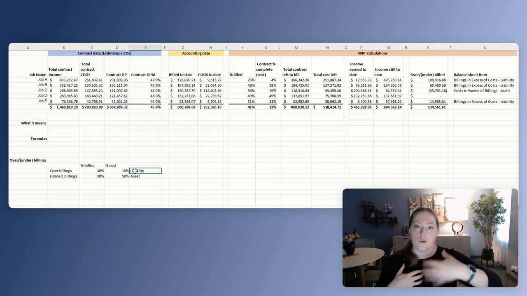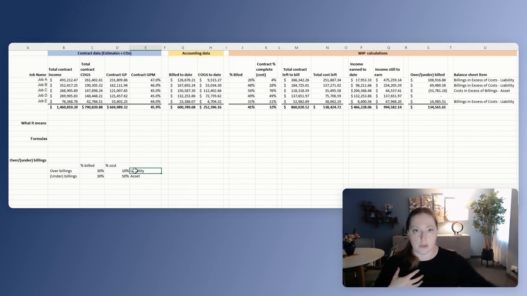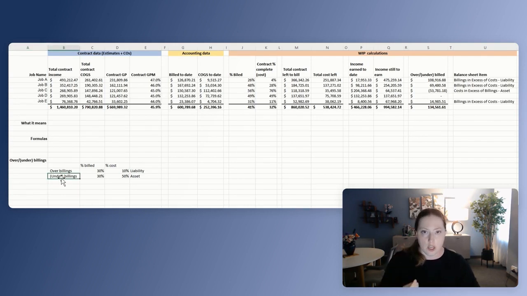Your customer, if you don't deliver that contract, is entitled to get that money, and that's a whole legal section. But in accounting terms, it means that you are liable to complete that work. You have taken the money, but you are liable to complete that work, right? So it's a liability.